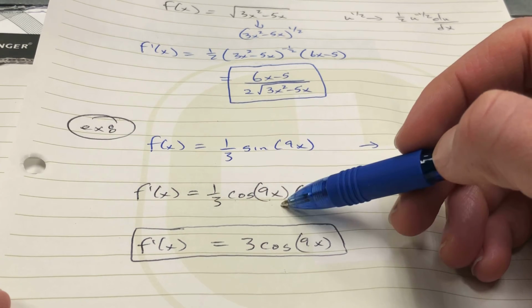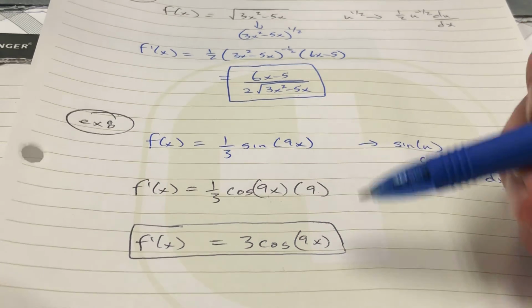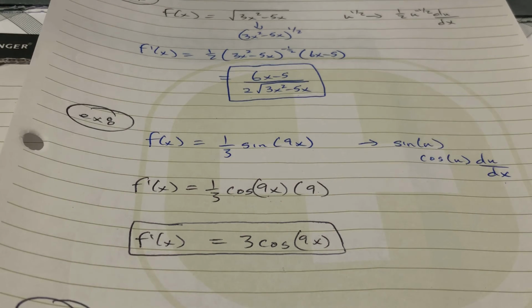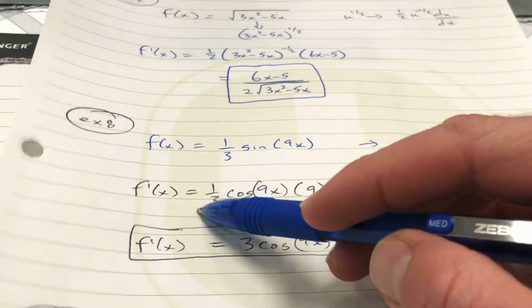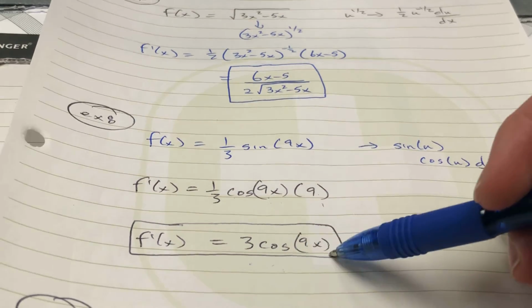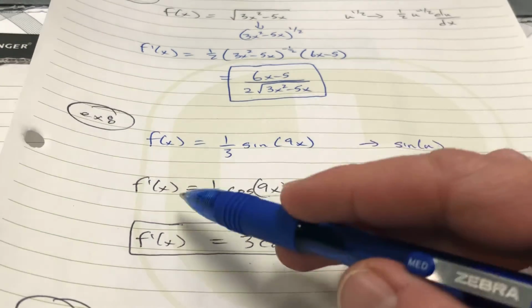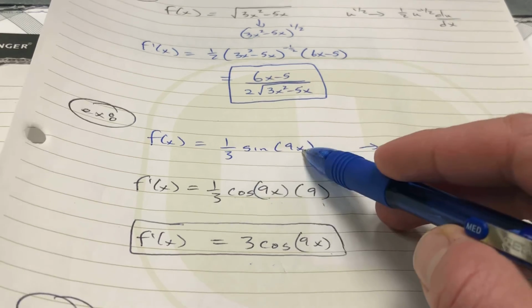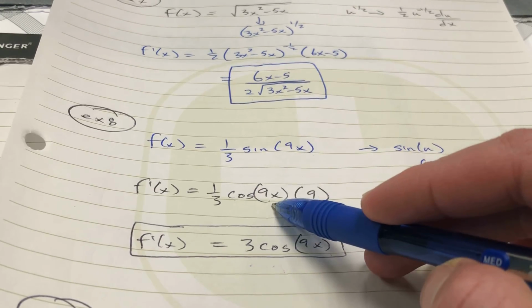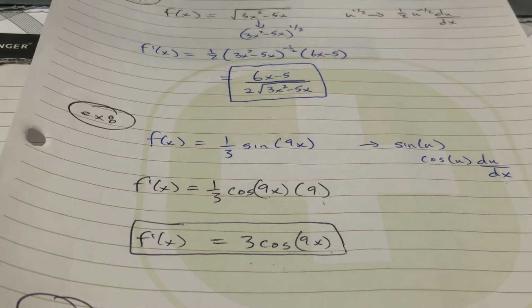The derivative of 9x would be 9. Chain rule says everything is getting its derivative taken. Okay, so 1/3 times 9 is 3, cosine 9x. 1/3 cosine u times the derivative of u with respect to x.